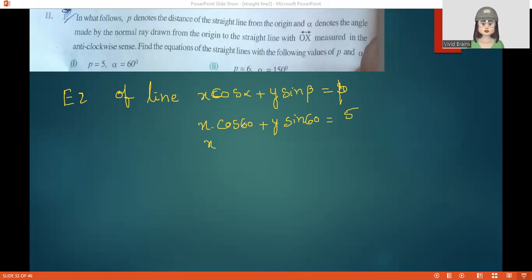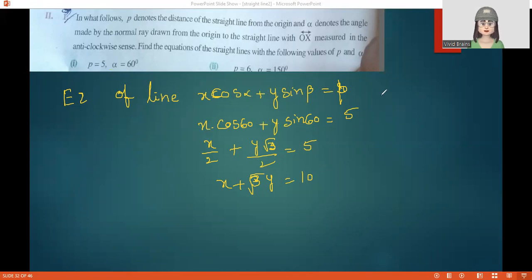So x into cos 60 is 1 by 2 plus y into root 3 upon 2, which is equal to 5. So what do we get? x plus root 3 y is equal to 10.